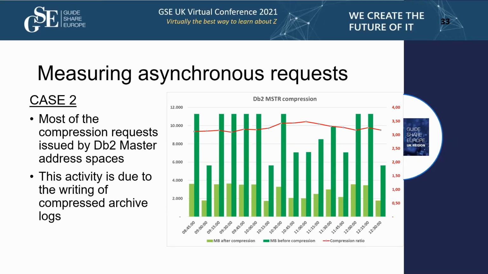You can see that we indicated with the light green the megabytes after compression, with the dark green the megabytes before compression, and with the red line the compression ratio. You can also note that the compression ratio is generally between 3 and 3.5, as we saw at the system level. So this confirms that most of the activity is performed by these address spaces.